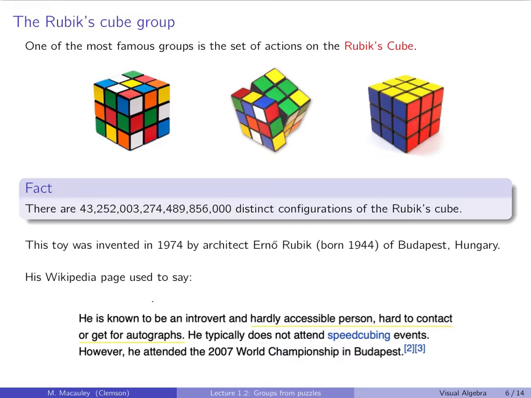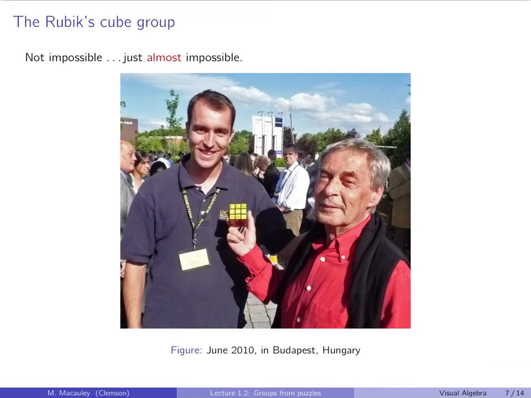He typically does not attend speed cubing events. However, he attended the 2007 World Championship in Budapest. Let me emphasize, not impossible to get an autograph from, just almost impossible. And yes, that is me and Erno Rubik in Budapest in 2010.